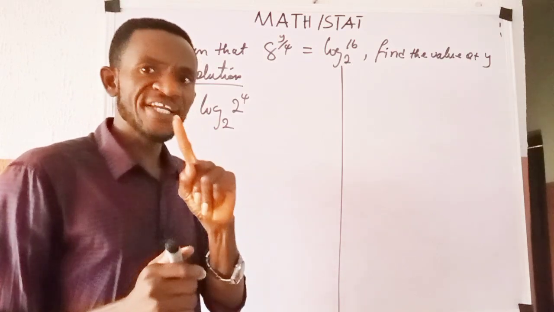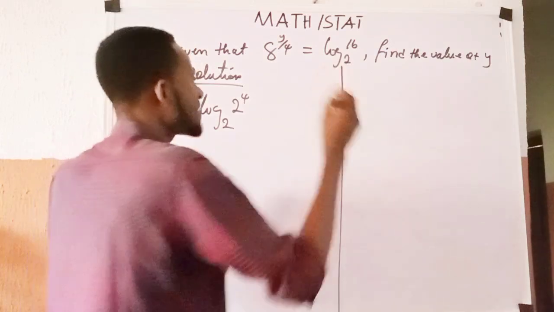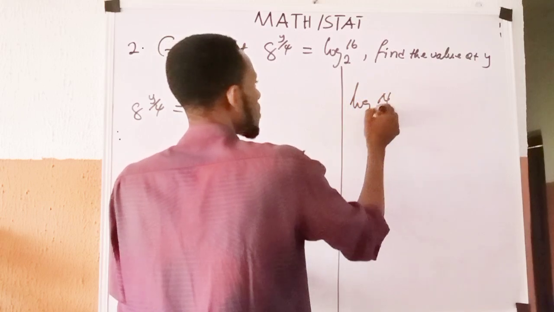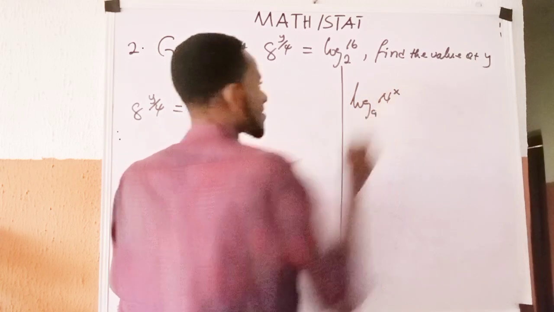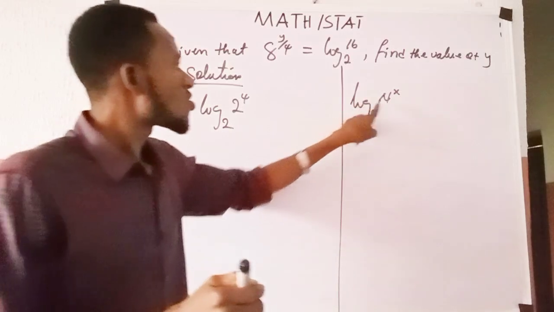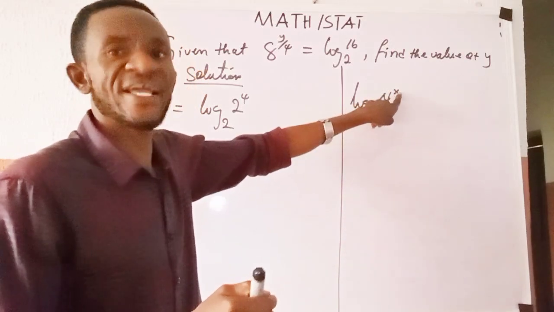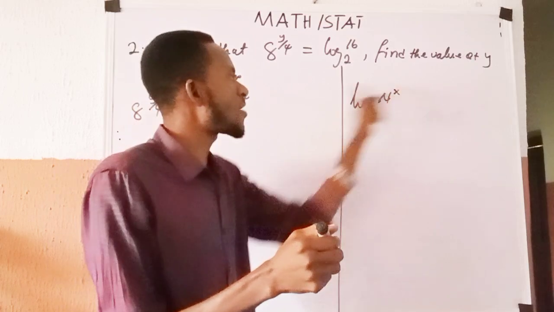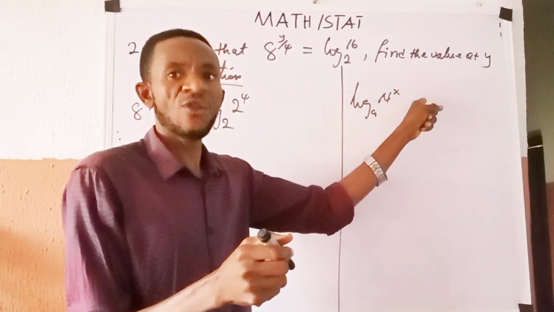But we are told in indices that whenever we have log of n base a, raised to power x, that is log of a number raised to power x, is the same thing as using that power to multiply the entire log.